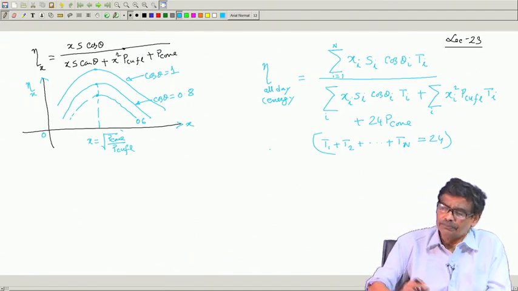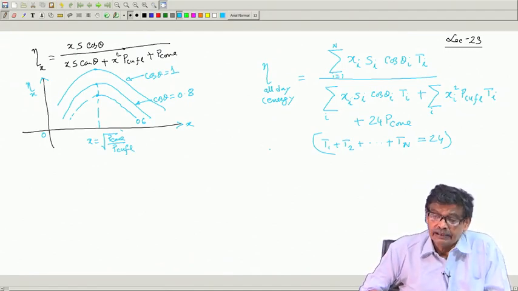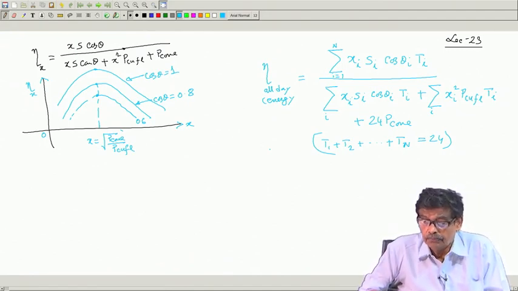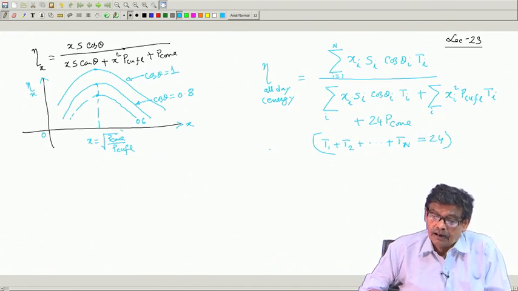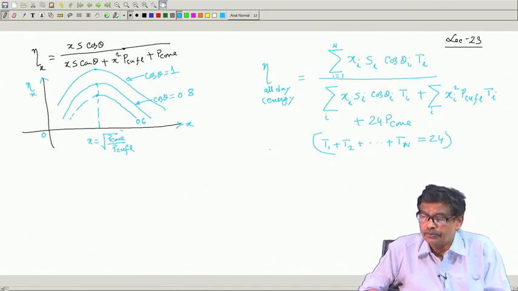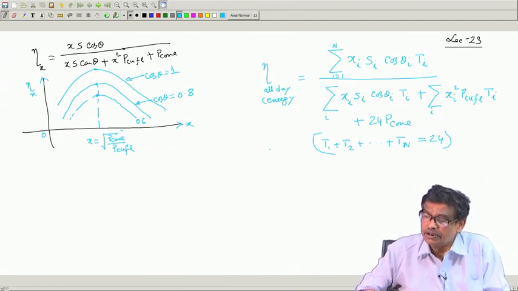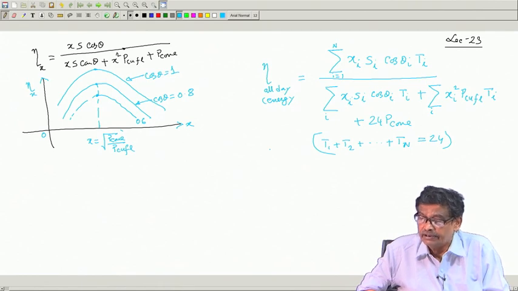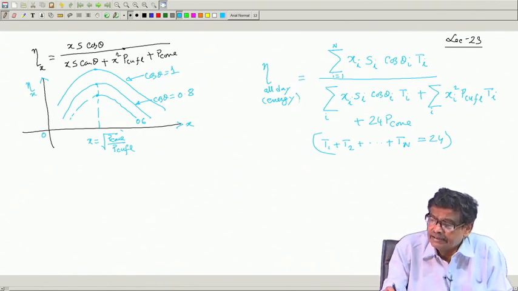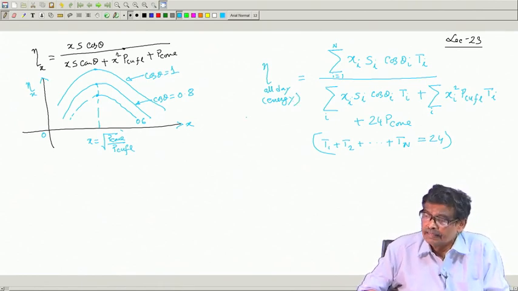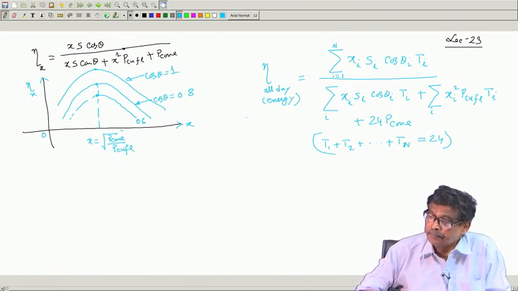We have discussed all these things. Therefore, to judge whether a transformer is good or not, particularly a distribution transformer, it is better to calculate the all day or energy efficiency and see that it is quite high. That is how it is decided.